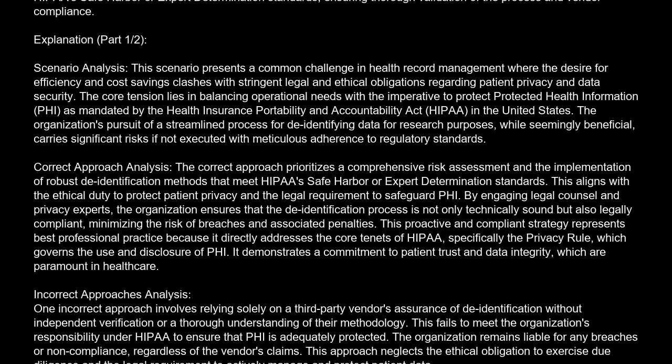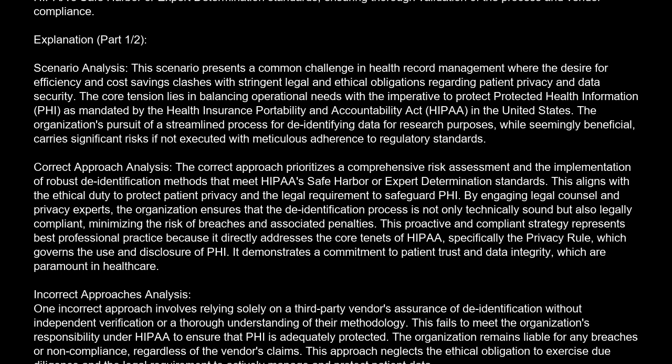By engaging legal counsel and privacy experts, the organization ensures that the de-identification process is not only technically sound but also legally compliant, minimizing the risk of breaches and associated penalties. This proactive and compliant strategy represents best professional practice because it directly addresses the core tenets of HIPAA, specifically the Privacy Rule, which governs the use and disclosure of PHI. It demonstrates a commitment to patient trust and data integrity, which are paramount in healthcare.